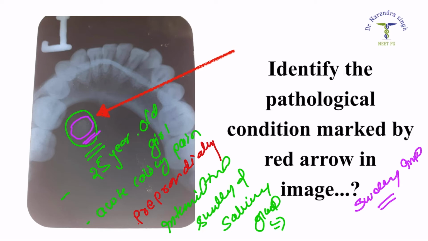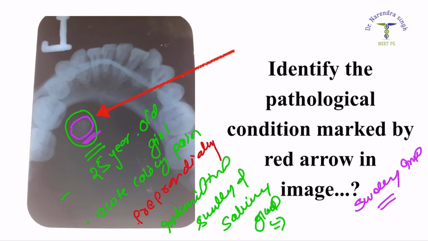Coming on to the discussion of the case, the examination was done by manual palpation of the submandibular salivary gland, and we found a stony hard swelling on the left side on the floor of the mouth.